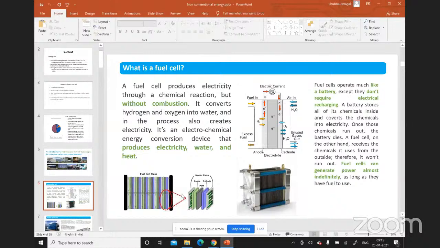There are a lot of these hydrogen-enabled batteries that are coming up. There's a lot of research going on in this field. Fuel cells are one of the major modes in which hydrogen can be converted into electricity, right?